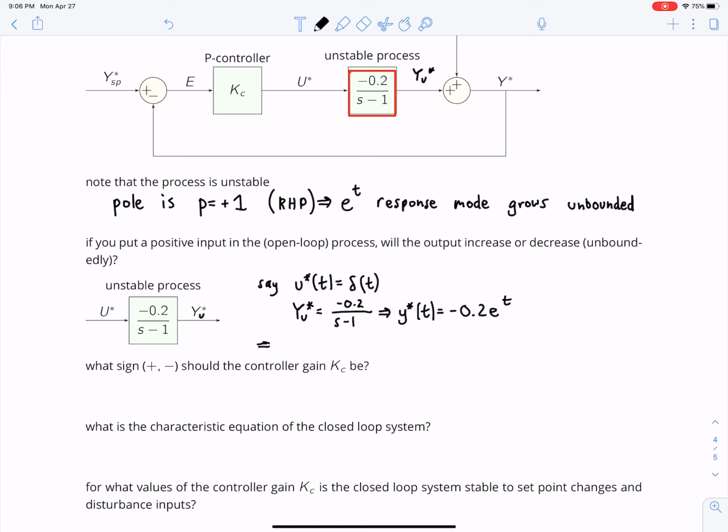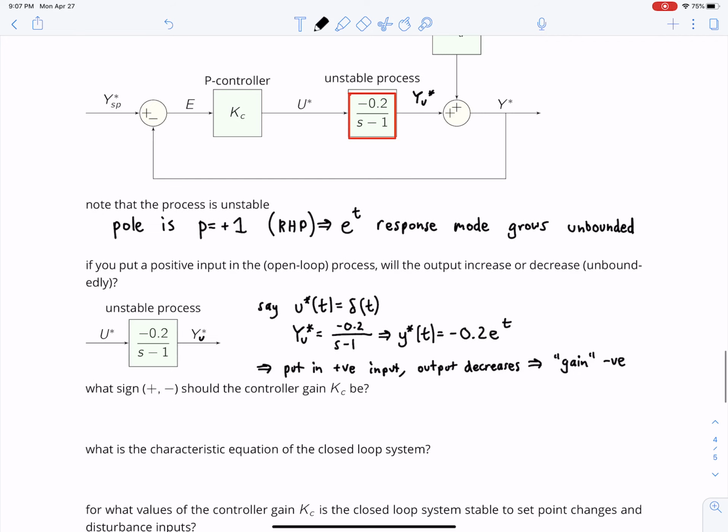That implies if you put in a positive input, the output goes to negative infinity. So the output decreases, and what that means is the gain is negative, because we put in a positive input and the output decreased. So that's one way to see the gain of these unstable processes.